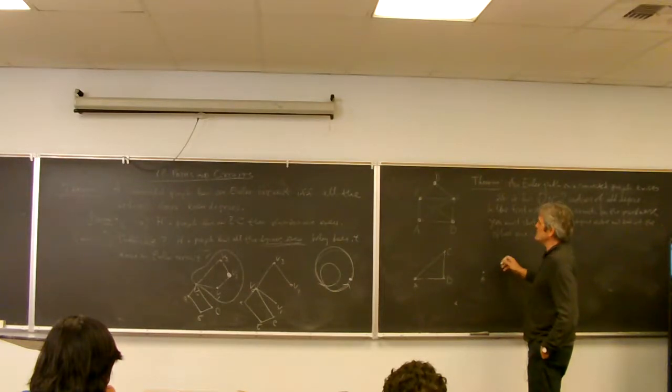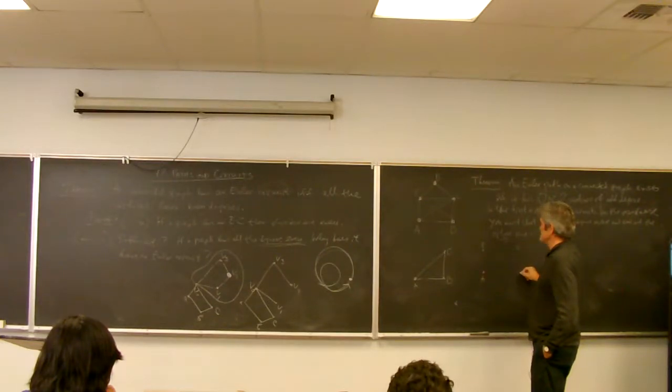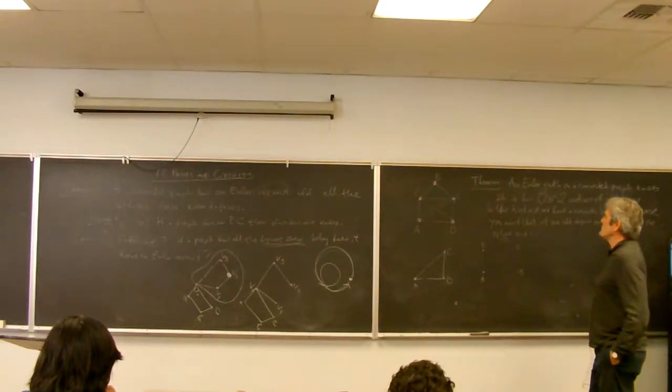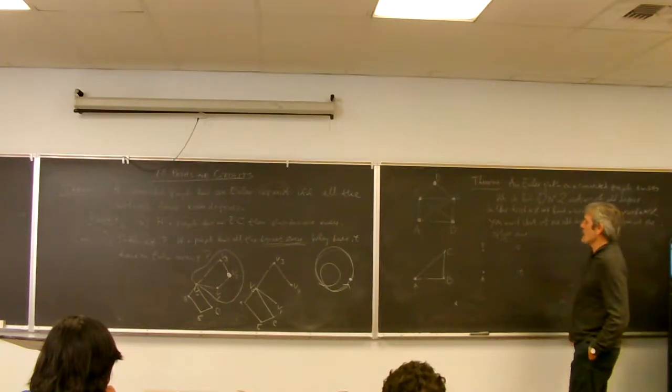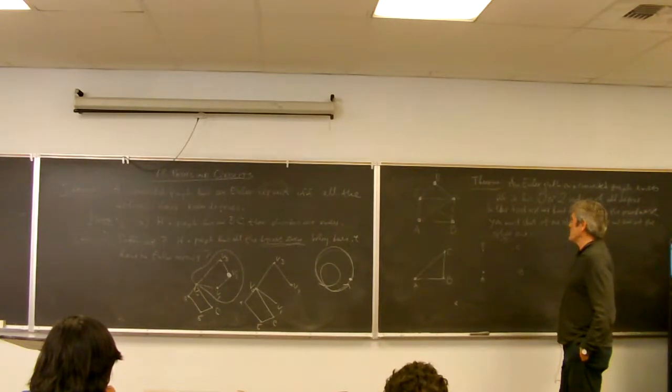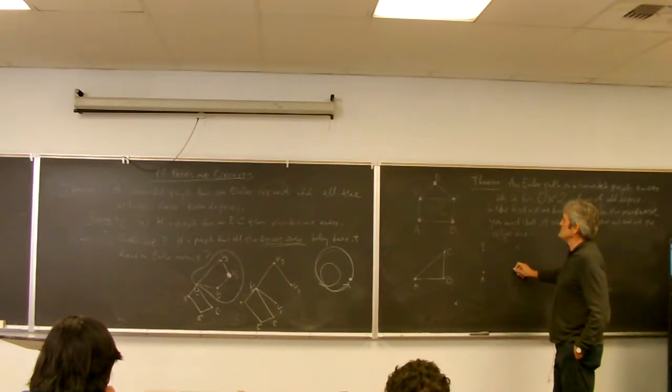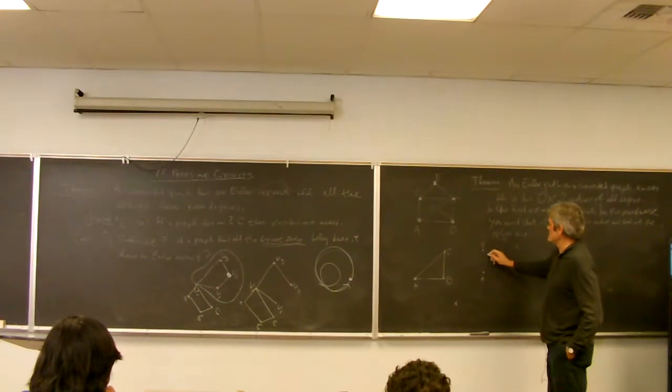A is still there, E is there, D is here, C is here, B is here. But what's happening? A and B are not connected anymore. What about B and C? B and C are not connected. This is erased. And all that triangle is erased, so I have the following.